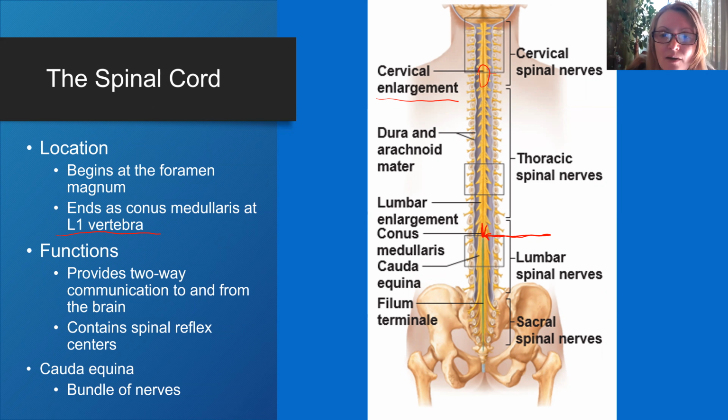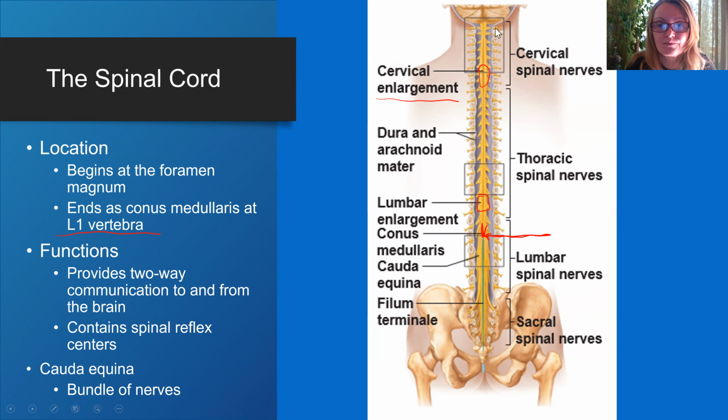Then we have the lumbar enlargement. In the cervical enlargement, lots of nerves emerge that innervate your upper limbs. And in the lumbar enlargement, lots of nerves originate from that area that innervate your lower limbs. That's why we have a lot of nervous tissue in that area.